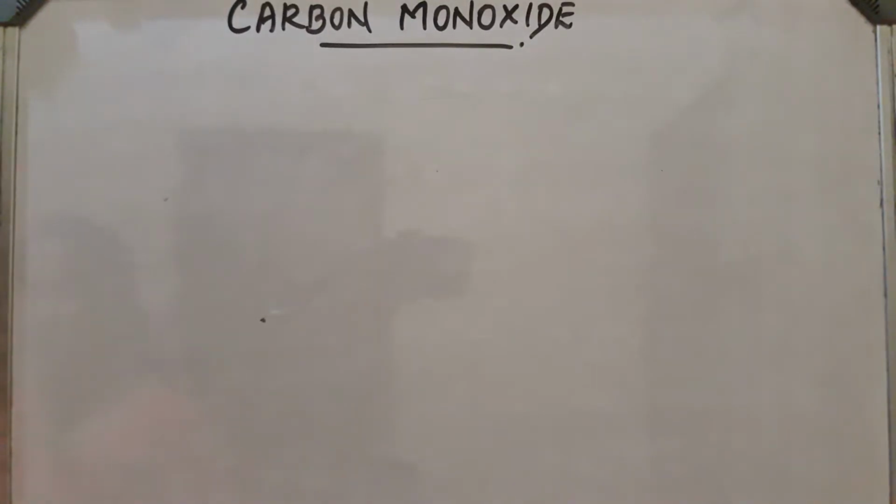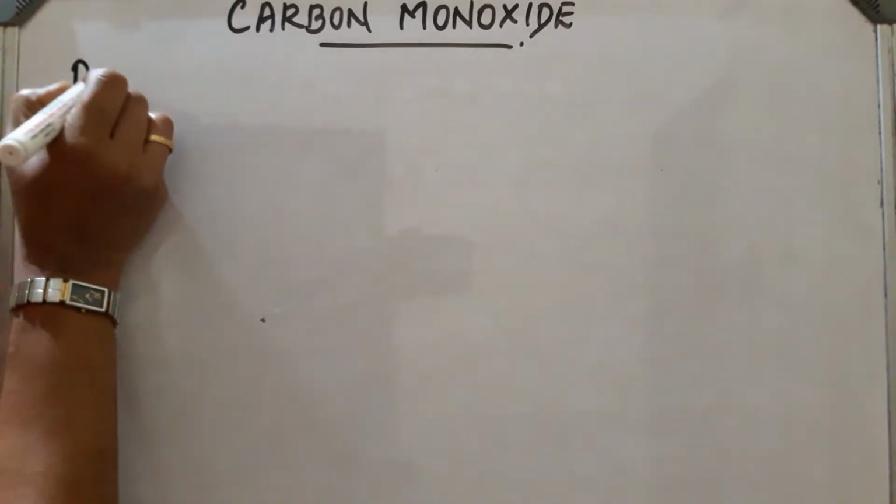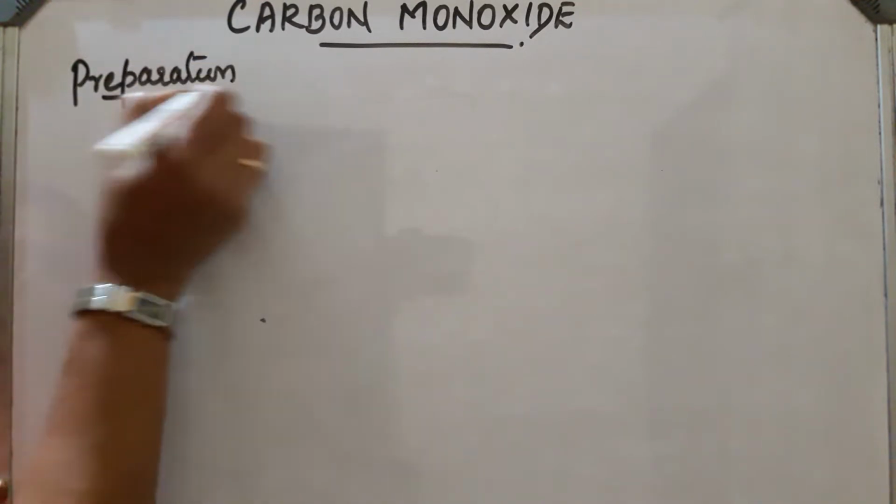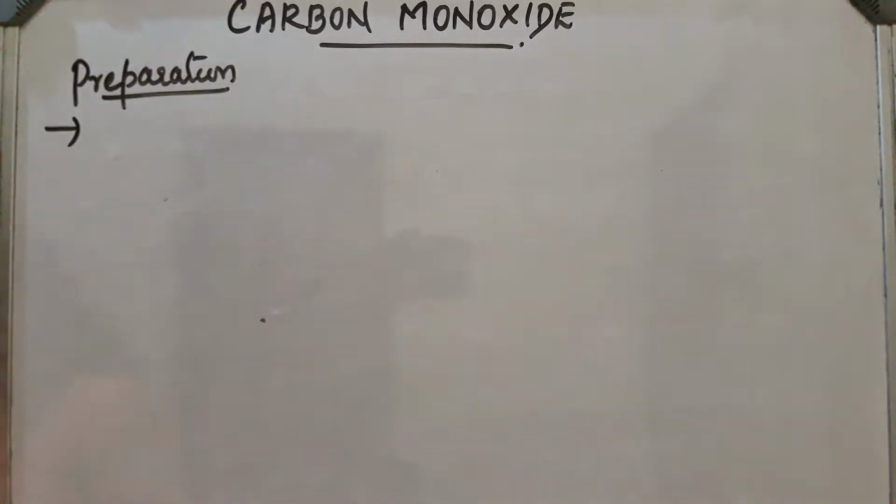Carbon monoxide, first preparation, is direct oxidation of carbon in limited supply of oxygen or air, which gives carbon monoxide.